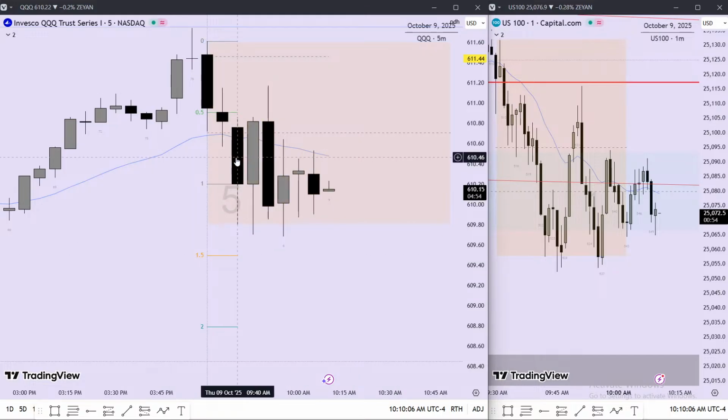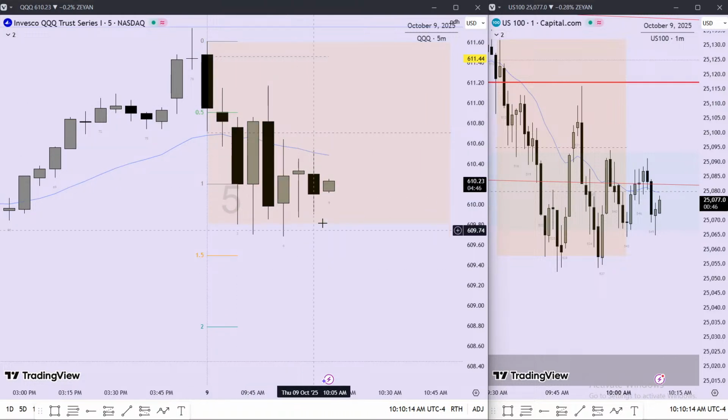Now we are getting alternating bars: bearish bar, bearish bar, bullish, two bull bars, one doji bar. We have two doji bars. This is a bearish bar. What do you think is going to happen next? You're going to get a bullish bar. So, range.